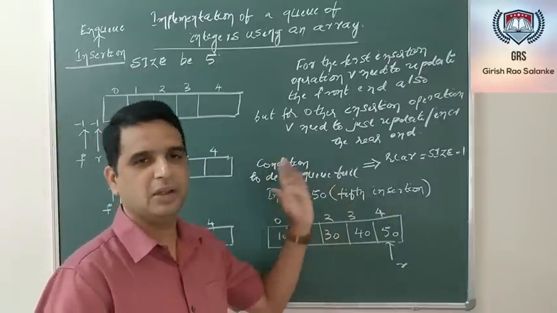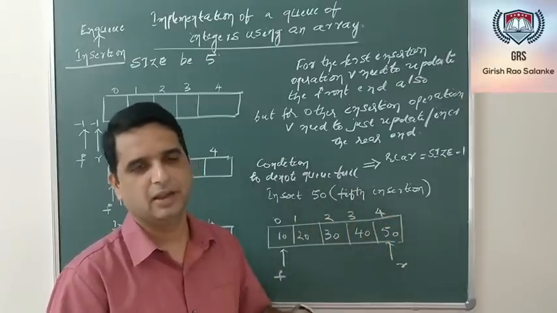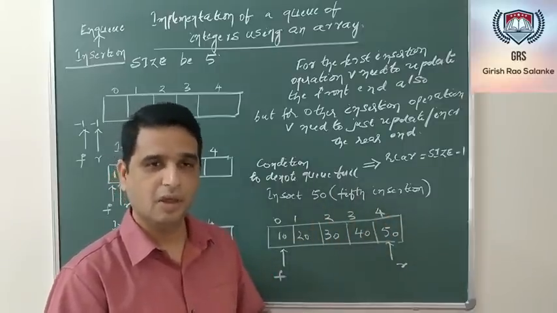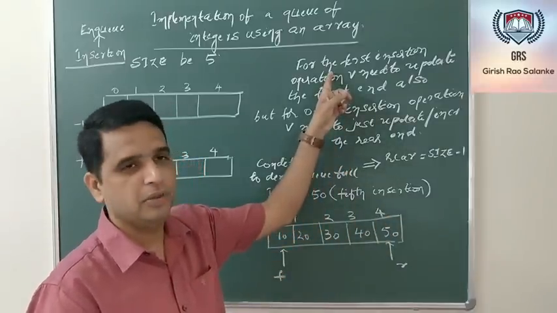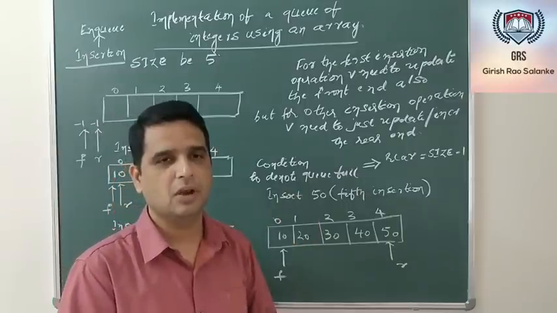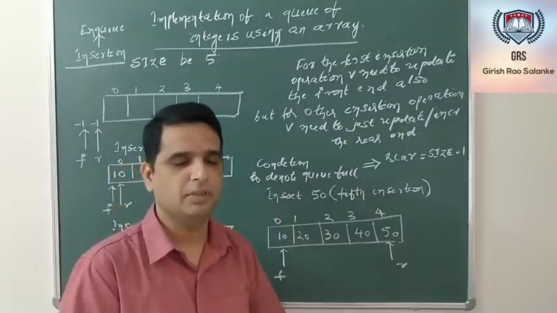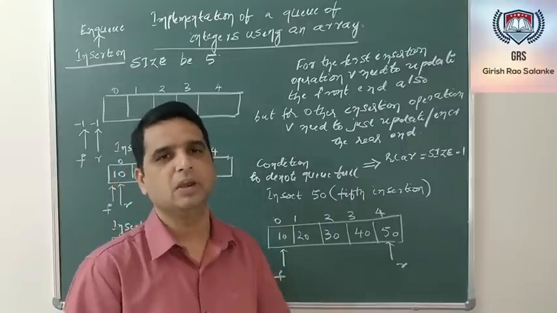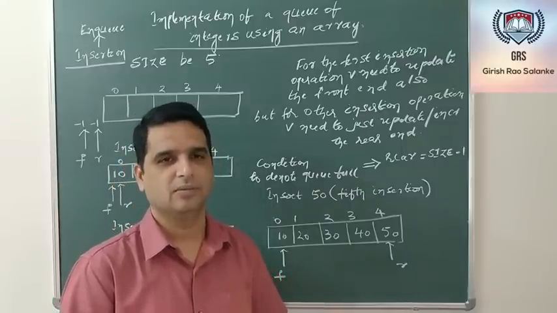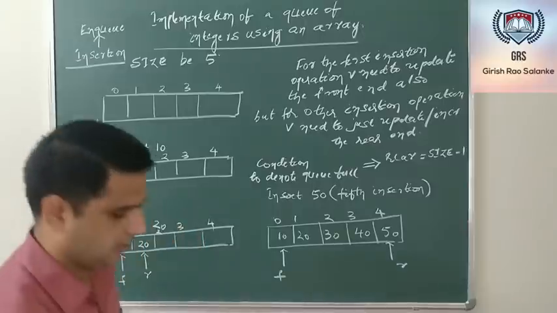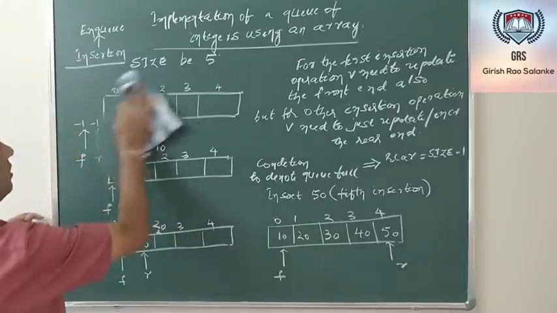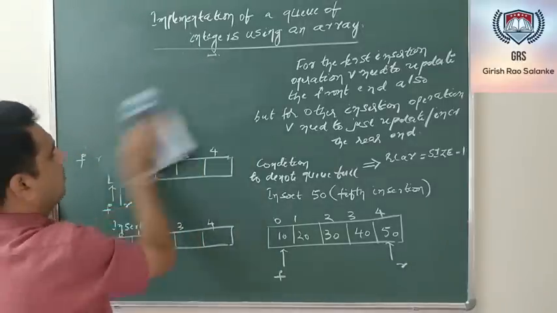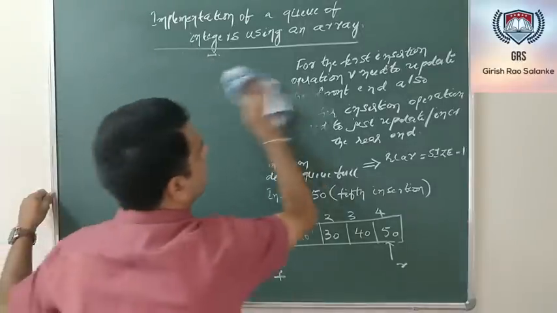First, update your rear end and then assign the element at that position. The only important point to be noted is that when we are performing the insertion operation for the first time, along with the rear end, we need to increment the front end also. Now with this, we can come up with a function to perform the insertion operation.